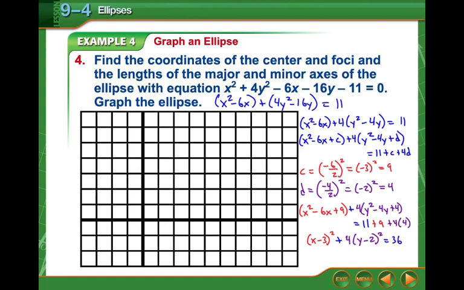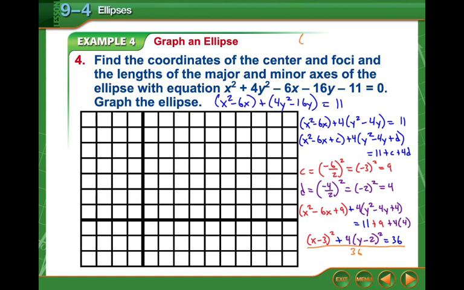Now remember, we want this equal to 1, and we need these fractions here, right? So the last step is to divide everything by 36. I'm going to have to write this up on the top here, sorry for the inconvenience of space.